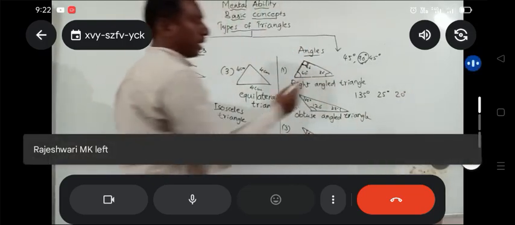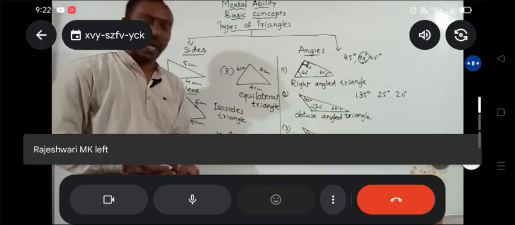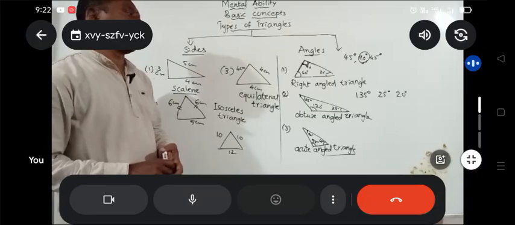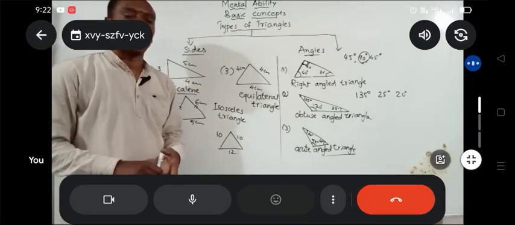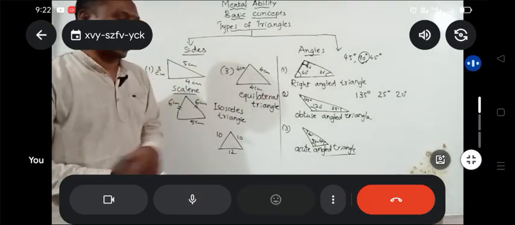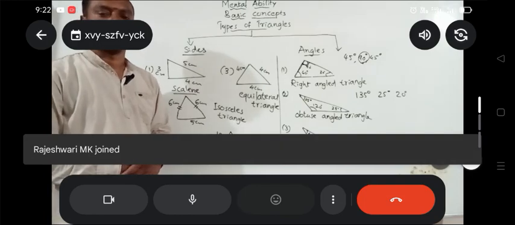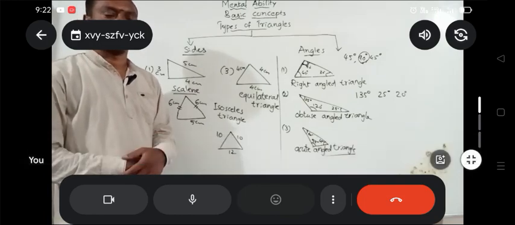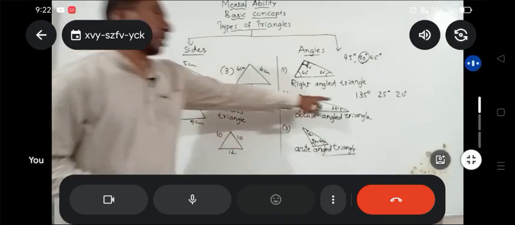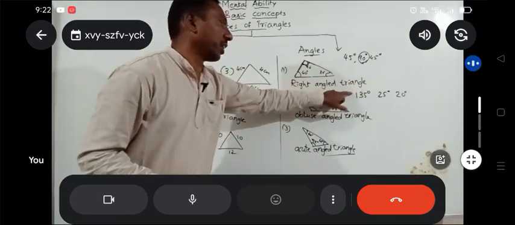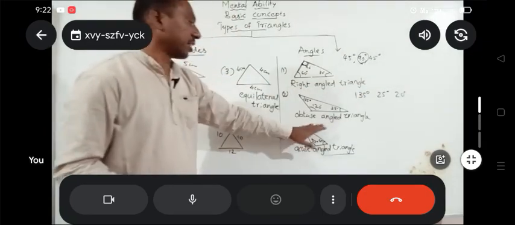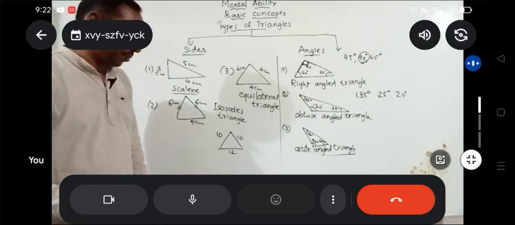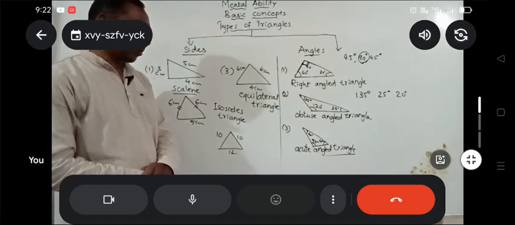There is a triangle like this, in which the angles are 135 degrees, 25 degrees, and 20 degrees. Can you name the triangle? Obtuse angle, sir. Excellent, because one angle is there which is more than 90 degrees. Obtuse angle is there, so it is an obtuse angle triangle. Below 180 degrees and above 90 degrees.